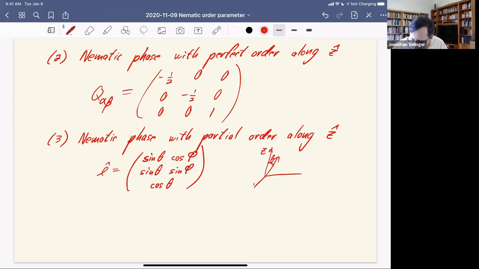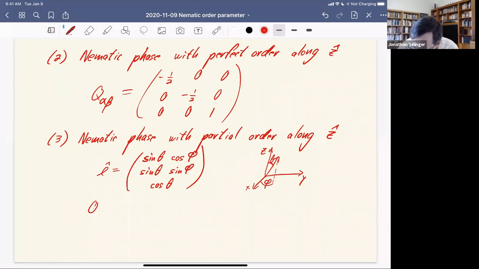Say this is z, x, y. Theta is the angle down from the z-axis, and phi is the orientation in the xy plane. Let's figure out what the Q tensor is in this phase, with the partial nematic order along the z direction. We have different components to figure out.